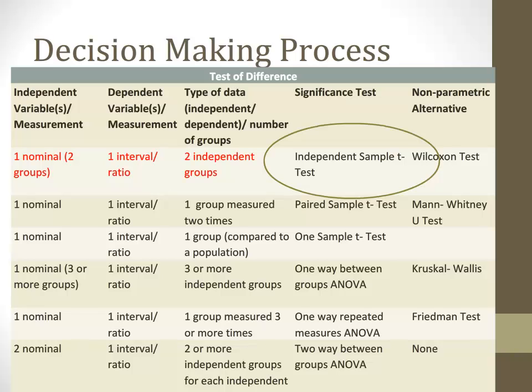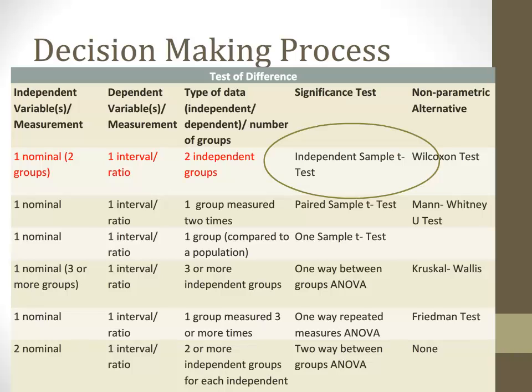Next, we need to take our information about the dependent variable and determine what we have here. Remember, we had one dependent variable and it was measured at the ratio level. So all of these choices listed here are appropriate, but we're going to continue down the row that corresponds with our information about the independent variable.